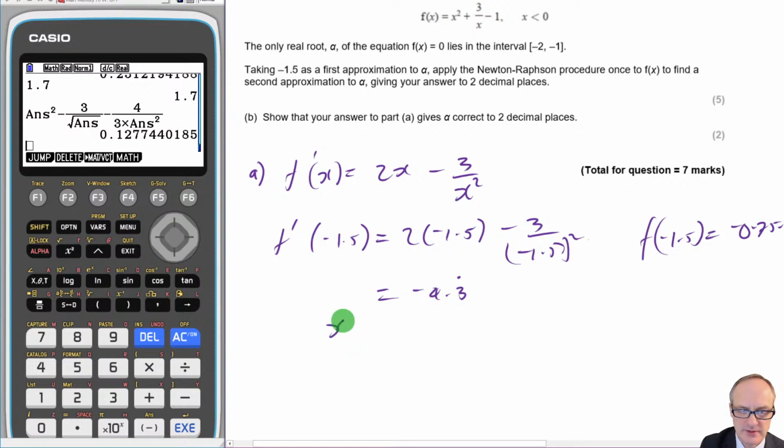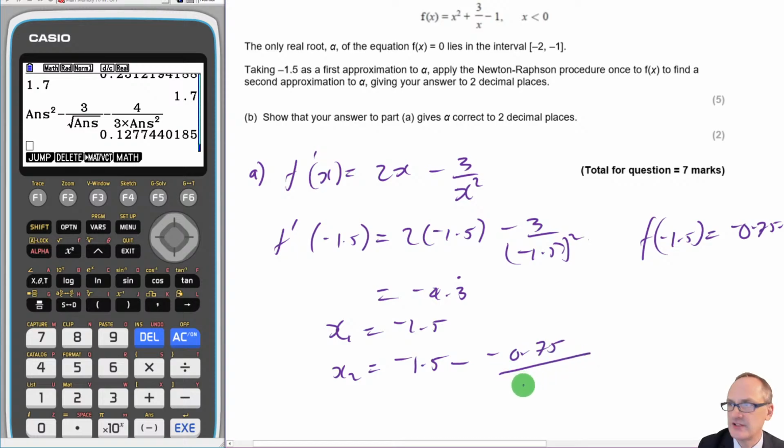So using Newton-Raphson, we know that x1 is equal to -1.5. x2 will equal -1.5 minus f of x1, which is -0.75, so we're going to get 0.75 here over f dashed of x1, which comes out as -4.3 recurring.